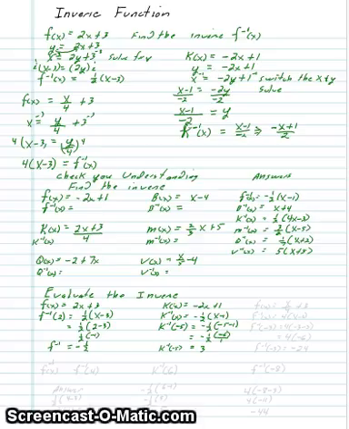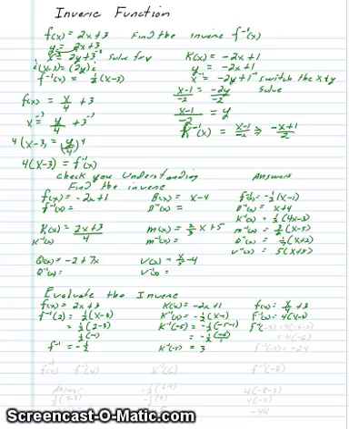We'll do one more. f of x is x over 4 plus 3. f inverse, and we've solved this, is 4 times the quantity x minus 3.